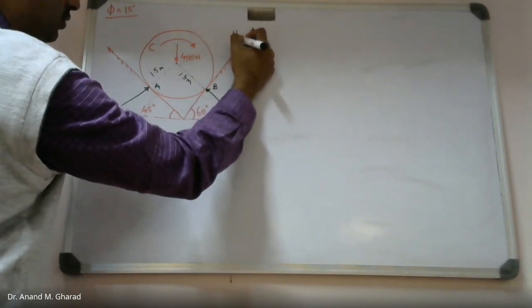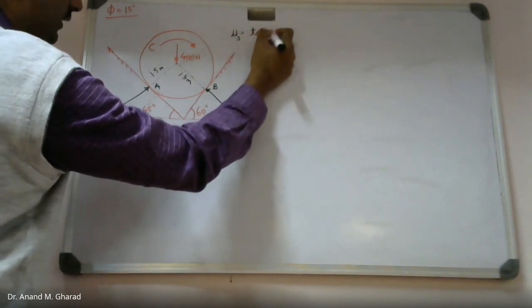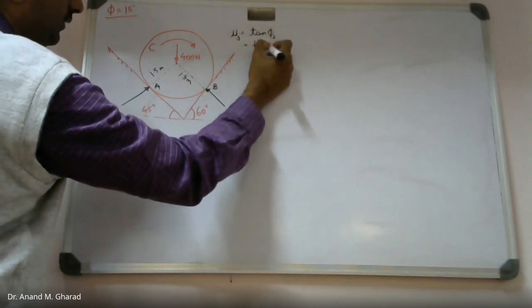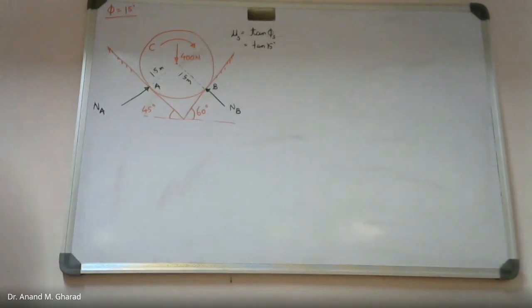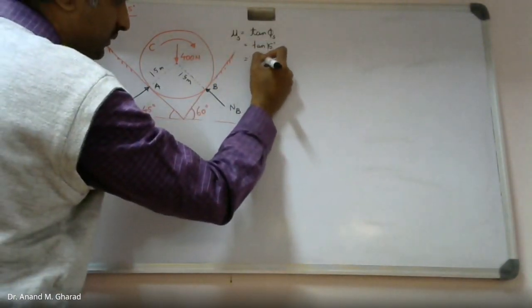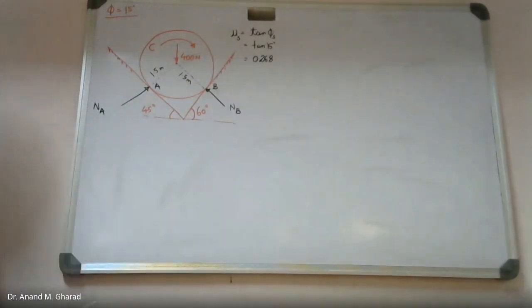If you want to identify mu s, it will be tan phi s. So tan 15 degree. How much does this come out to be? We have already solved this earlier also. It comes out to be 0.268.